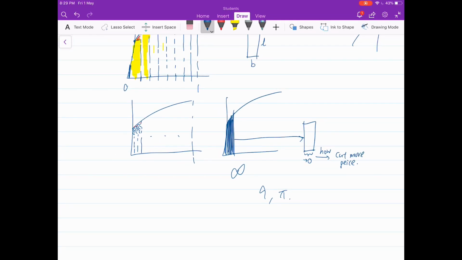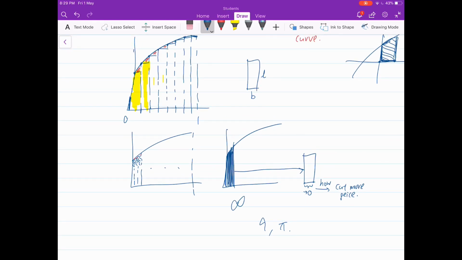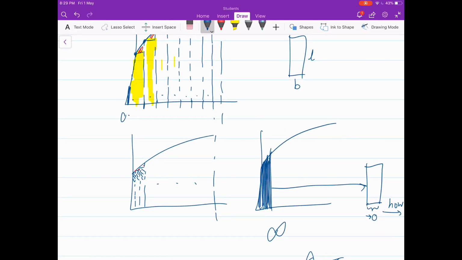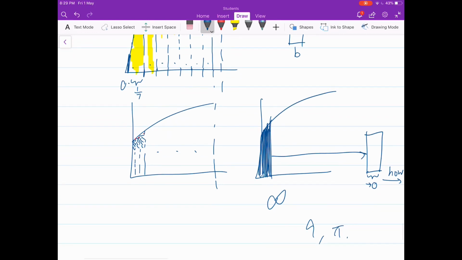Okay, so if I were to say from 0 to 1, cut n pieces. 2, 3, 4, 5, 6, 7. In this case, cut 7 pieces. What is the width of one of these rectangles? Well, there are 7 pieces, and the total length is 1 unit, so 1 over 7. Suppose that in the bottom case over here, I let n equal 20, cut 20 pieces.